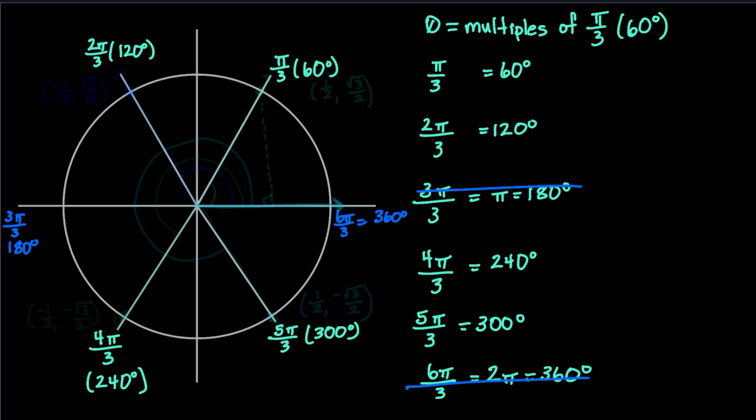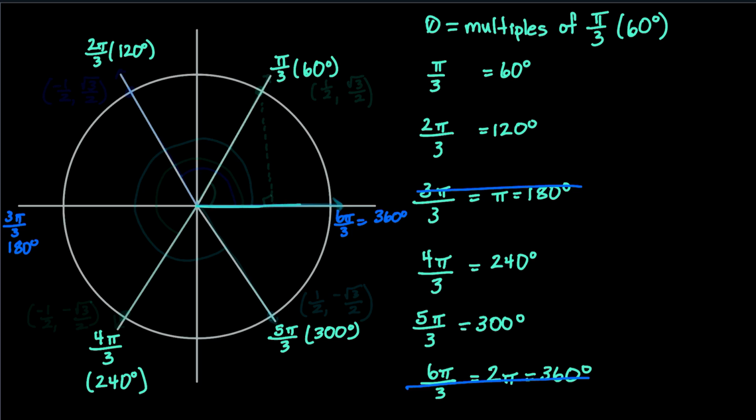We wouldn't ask questions about 3 pi over 3, similar to 6 pi over 3, which simplifies to 2 pi. So again, there are 4 angles that are multiples of pi over 3 that we're going to discuss. Pi over 3, 2 pi over 3, 4 pi over 3, and 5 pi over 3. So we'll start like normal with pi over 3.